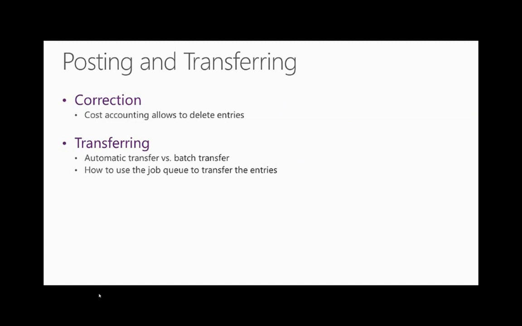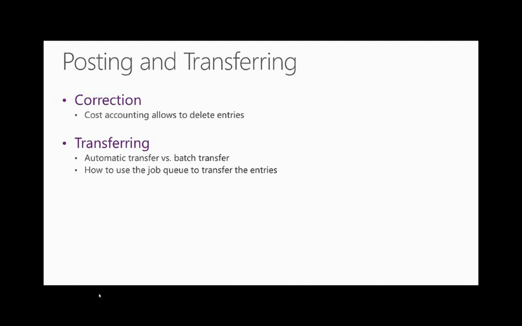And for transferring, I will discuss when it's better to use the automatic transfer or the batch transfer. So batch transfer, obviously, when you do it once a month, then you have more data to be transferred, so it will take longer, but automatic transfer is maybe not so useful if you already have performance issues in your system.